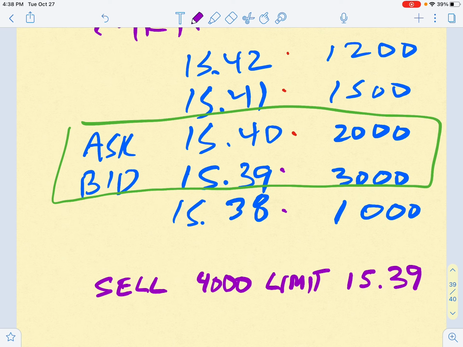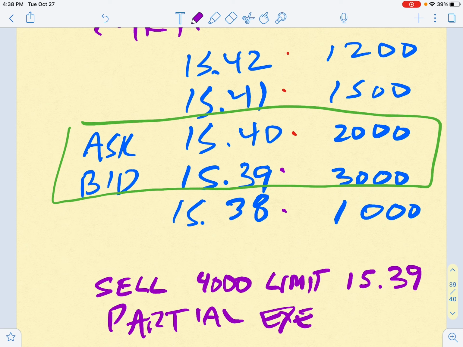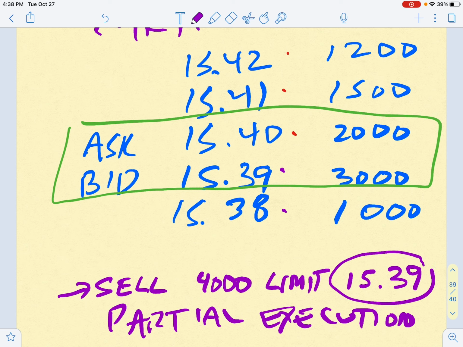Well, what's going to happen is the following. We will get a partial execution. Okay, this is a sell order. Sellers look for buyers. Buyers bid 1539. There are 3,000 shares available at that price of 1539.